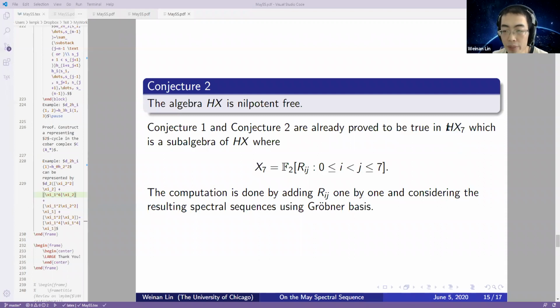So if a monomial is in the additive basis that I have chosen, then the square of that monomial, or all the powers of that monomial, are again in the basis. So you see that this automatically proves the algebra is nilpotent free, since you can always write elements in terms of the additive basis you choose.